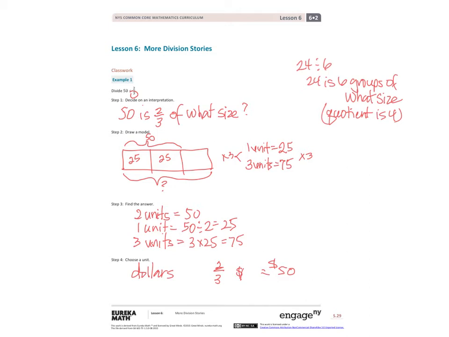And the story problem, I mean, we could say Joe spent $50 on a calculator. That seems like a lot for a calculator, but this was 2/3 of his money, meaning he has more.